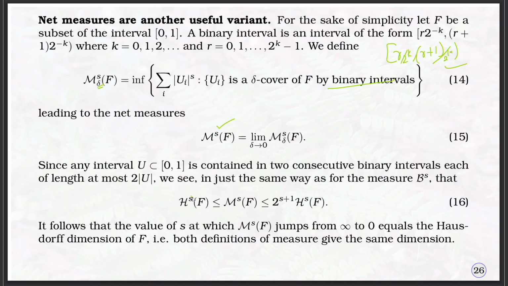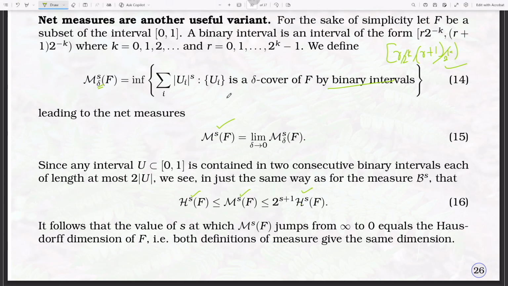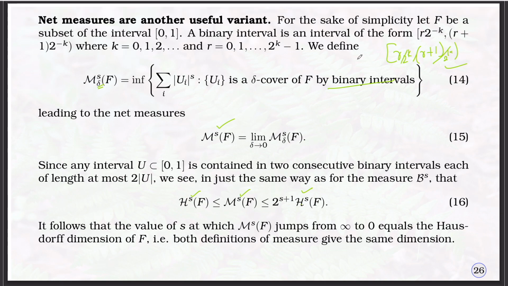Again, for the same value of s, H^s and M^s will jump from infinity to 0. Therefore, the Hausdorff dimension of F with respect to H and with respect to M are the same.